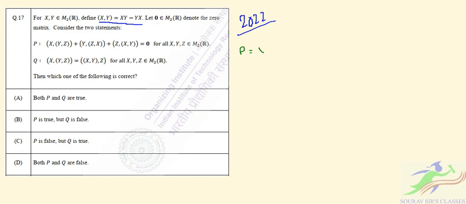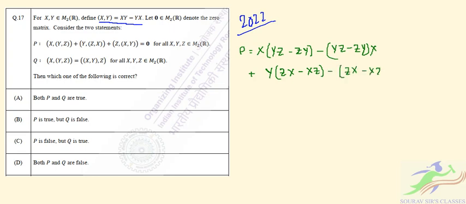P equals x(yz minus zy) minus (yz minus zy)x, plus y(zx minus xz) minus (zx minus xz)y, plus z(xy minus yx) minus (xy minus yx)z.